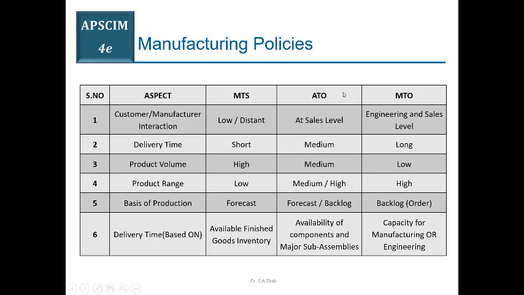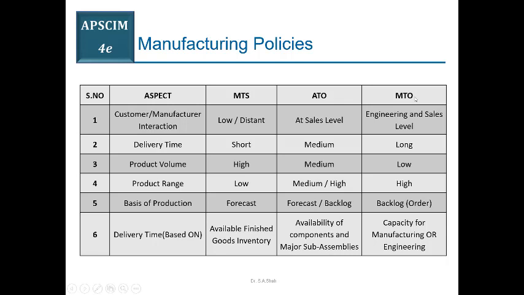In case of ATO, the delivery time of the product to the customer will be dependent on the availability of the major sub-assemblies. So if the sub-assemblies are there and the company receives an order, simply they will assemble things and then deliver the final product to the customer.